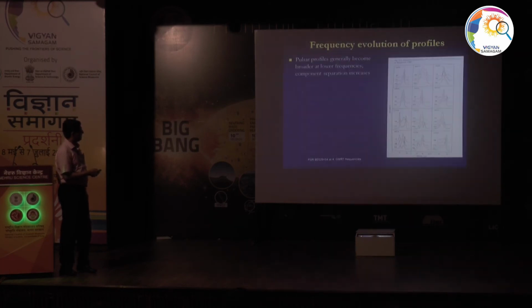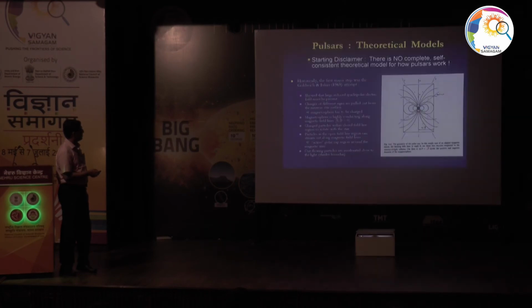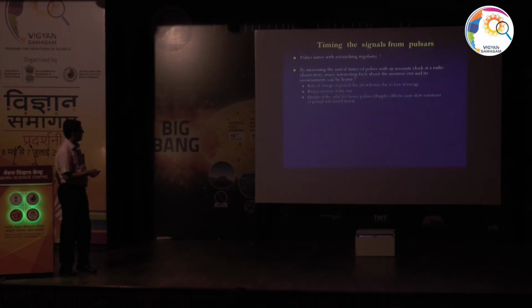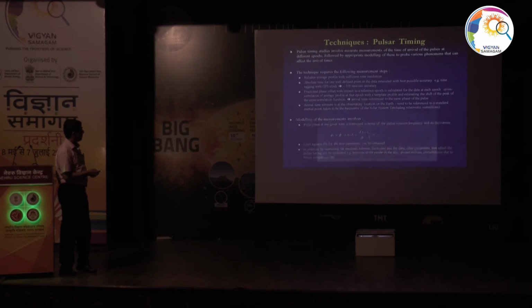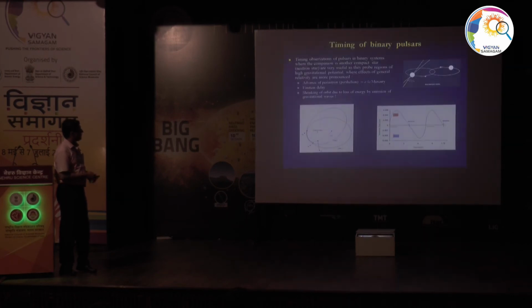these are all the details about the observations and the theoretical models. So, imagine a situation like this where there are two objects going around the center of gravity. One can be a neutron star, the other could be a normal star, it could be a white dwarf, it could be anything.